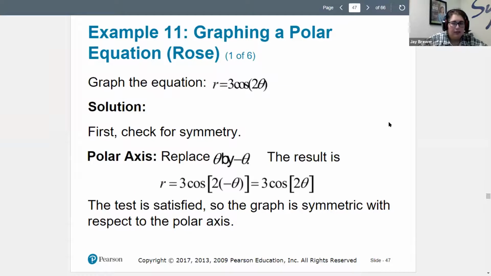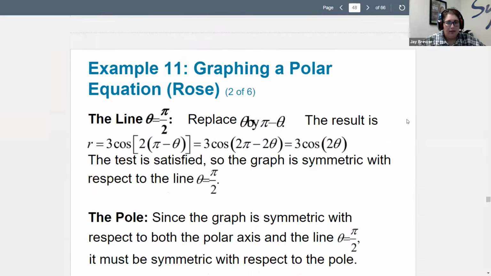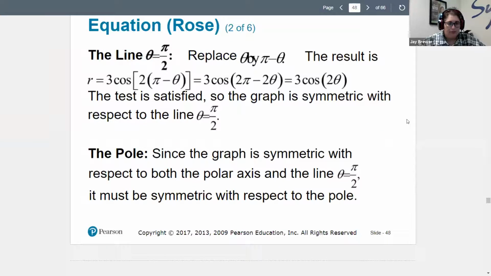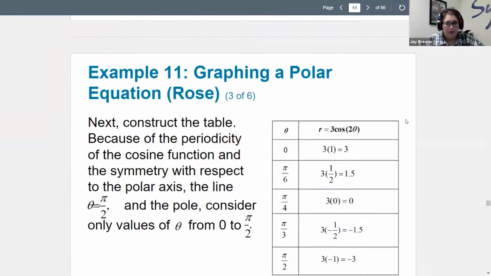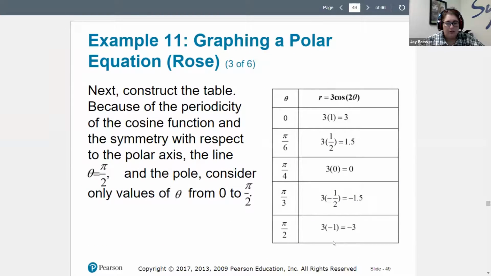Okay. So the next example is a rose. Same thing, they check for their symmetry. First, they check for the polar axis, then theta equals pi over 2, and then the pole. They create their points.